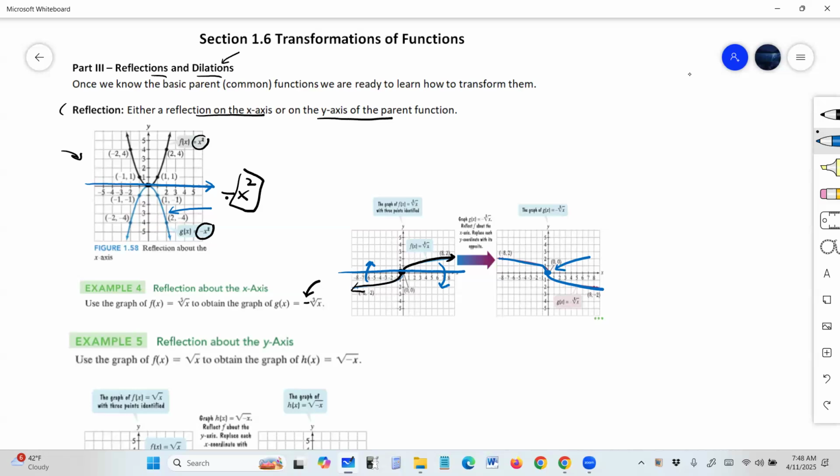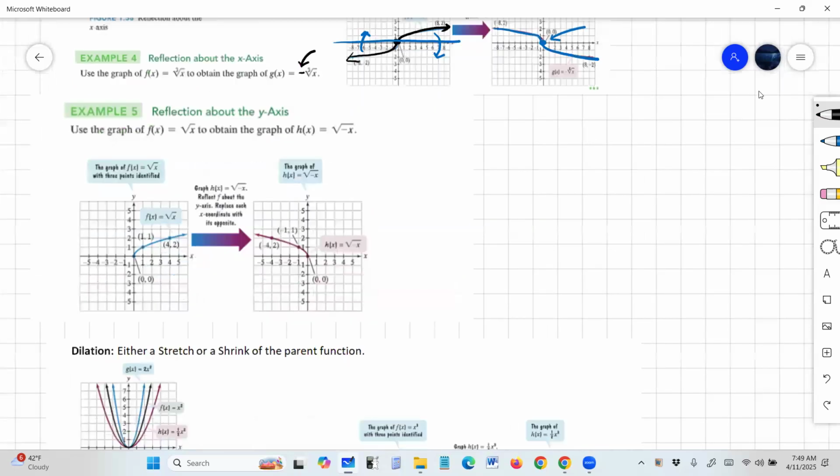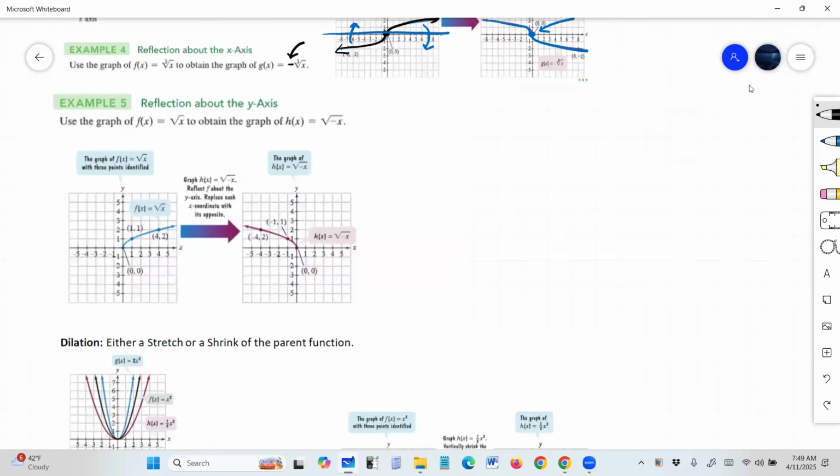All right, so a reflection on the x-axis, and I'll summarize it at the end of the video, is minus whatever the function is. So the minus is not inside of the function, it's outside. Okay? Now let's take a look at a reflection on the y-axis.